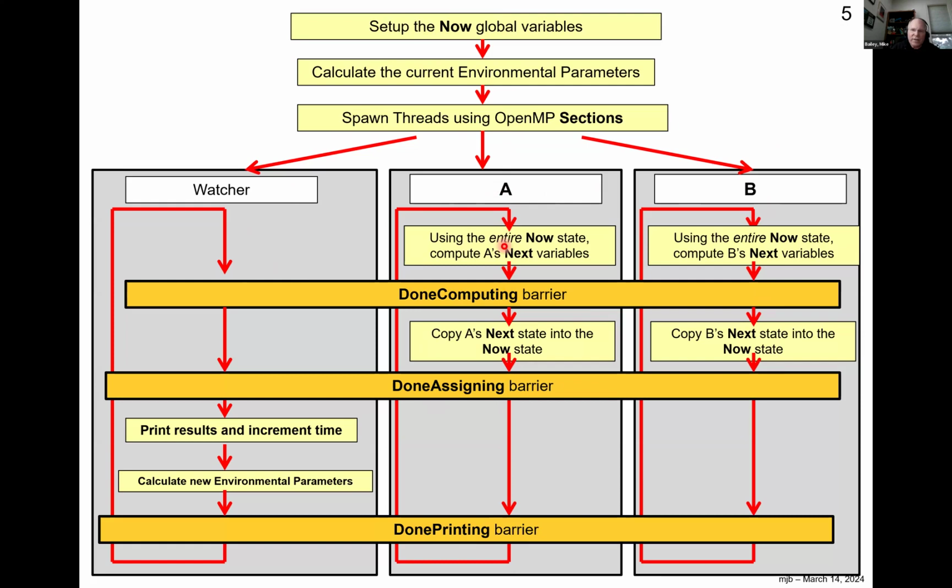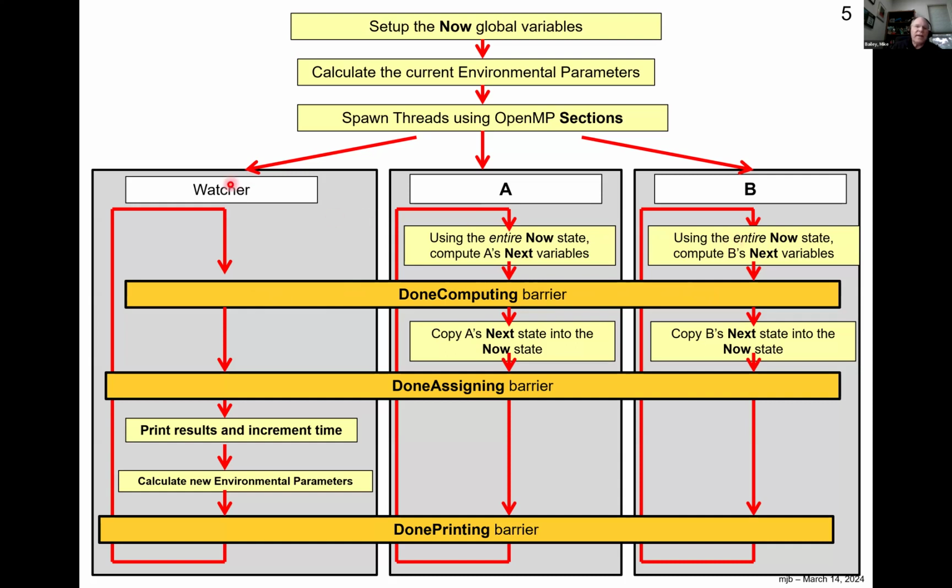Using the now state for the entire simulation, compute what its next variable state is going to be. Down here, copy the next state into the now state. But there has to be a barrier, and all the threads have to respect the same barrier because B over here is computing its next reaction from the now state.